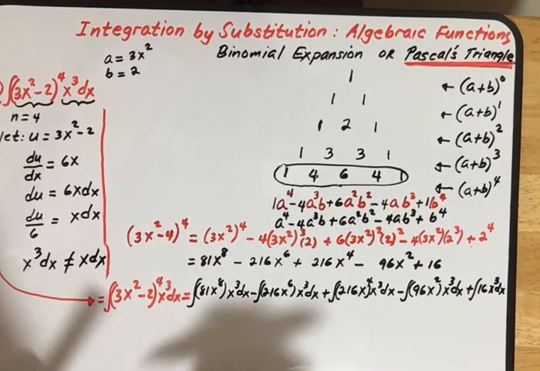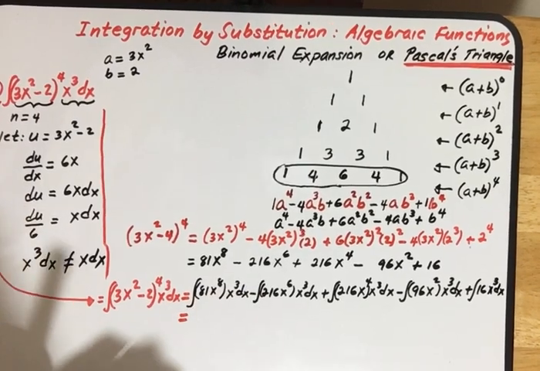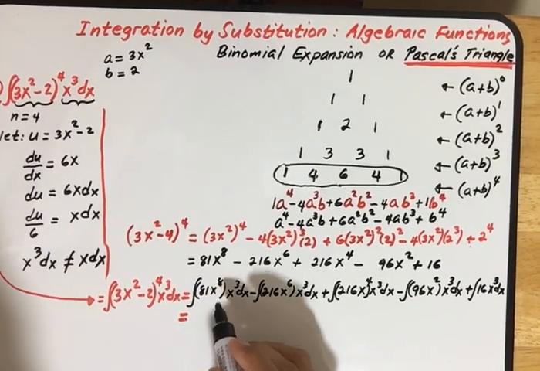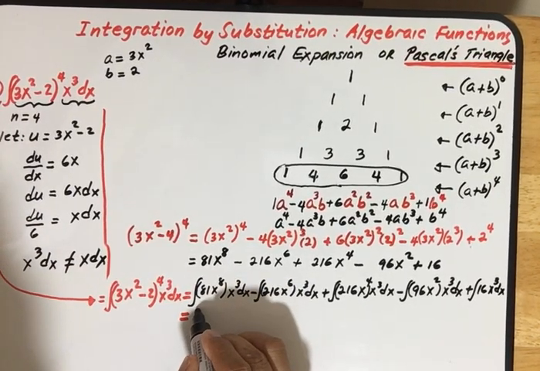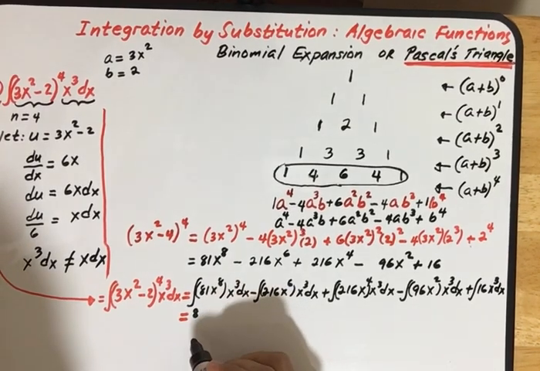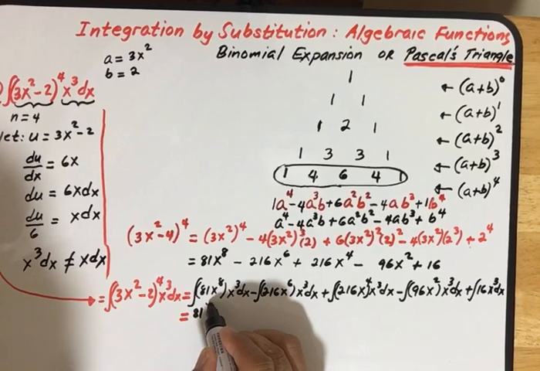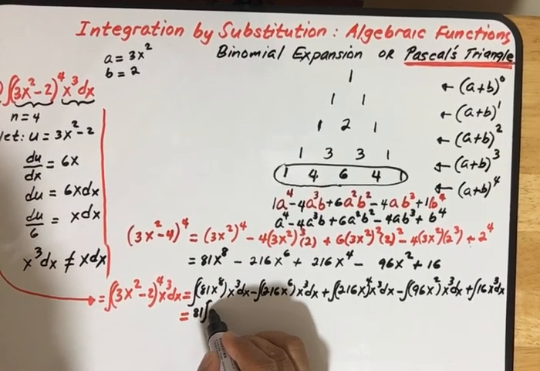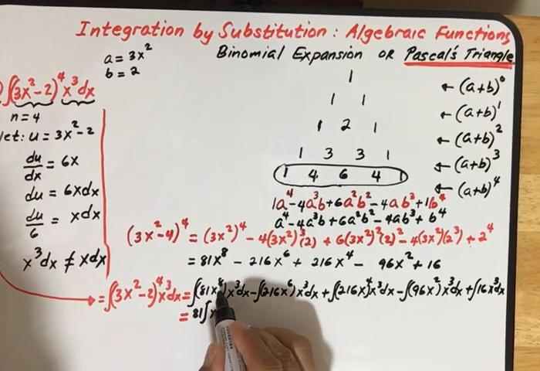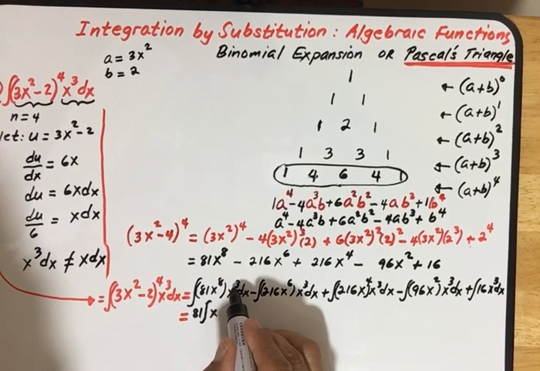So this is equal to, then isolate the constant, put the constant outside the integral sign. So this is 81 times the integral of x to the 8 times x to the power 3.